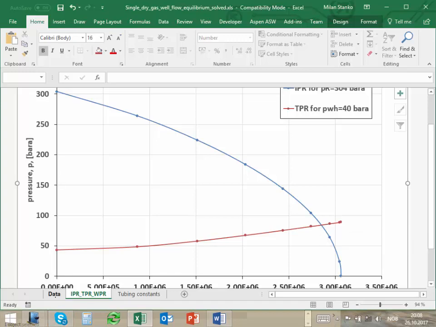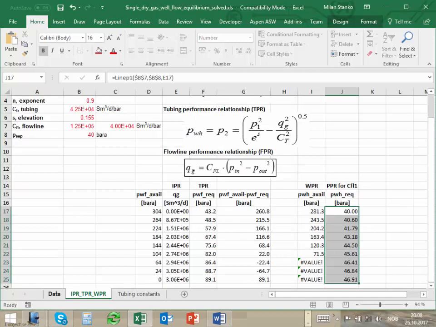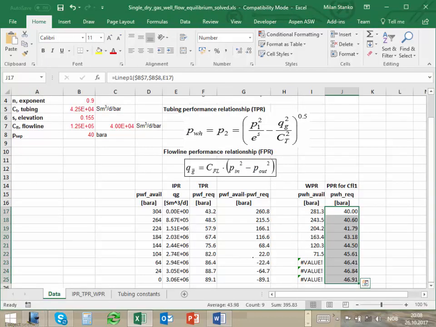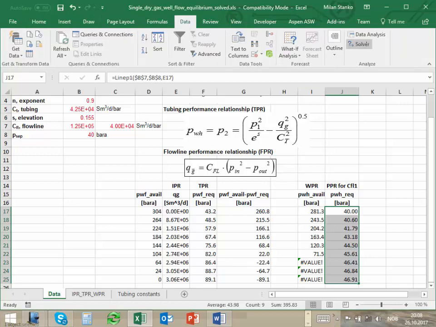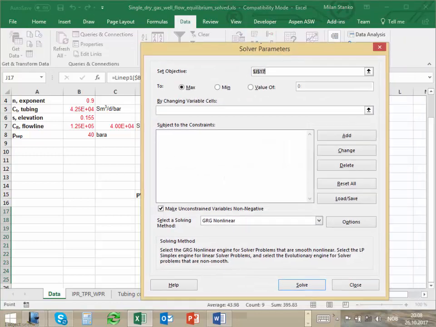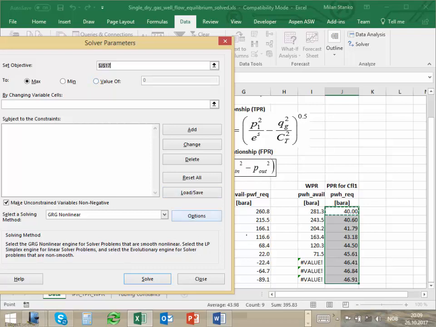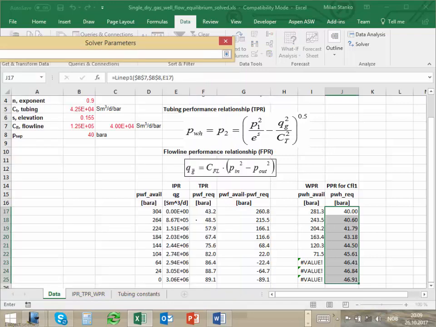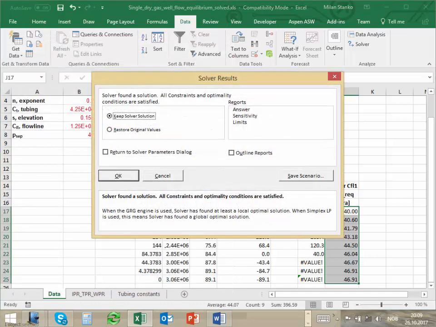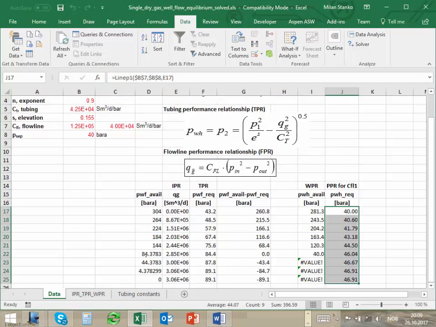I think the operating bottom hole pressure we calculated the other day was 84 something. Let's use very quickly the solver. Solver, please drive this value to 0 by changing this number. Okay, so that gives me 84. So actually the bottom hole pressure is not 304, but it's 84.